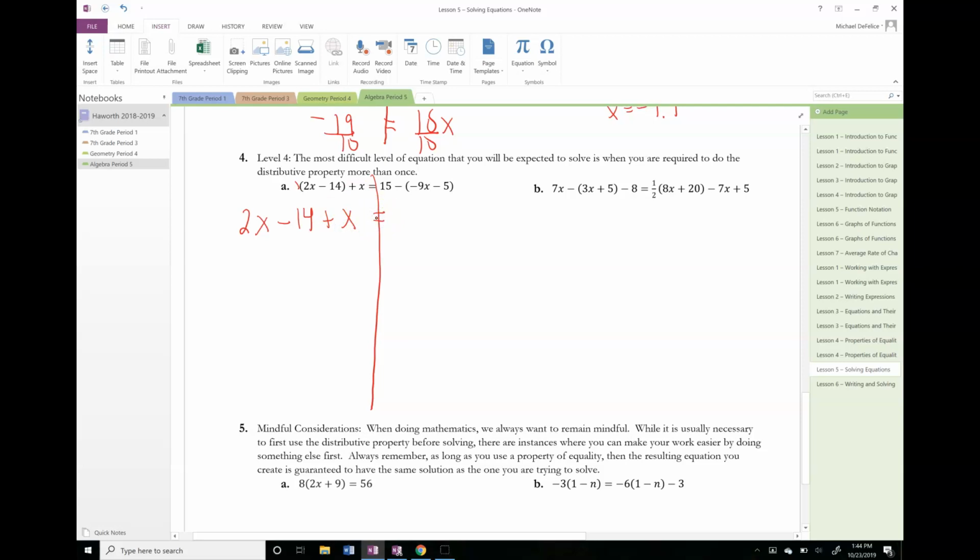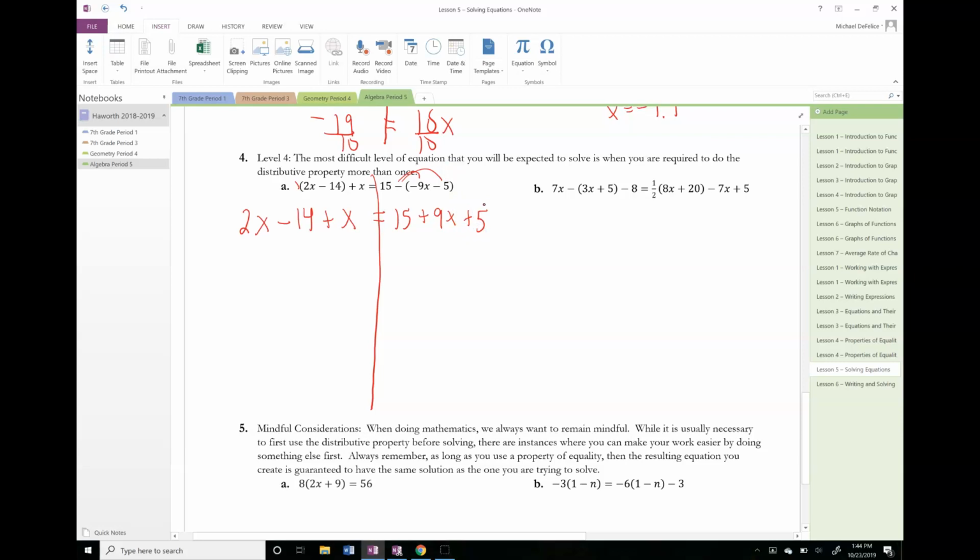for the other expression, I'm distributing a negative. You can think about it as distributing a negative 1 to both terms inside the parentheses. That's going to become 15, negative 1 times negative 9x is positive 9x. Negative 1 times negative 5 is positive 5.